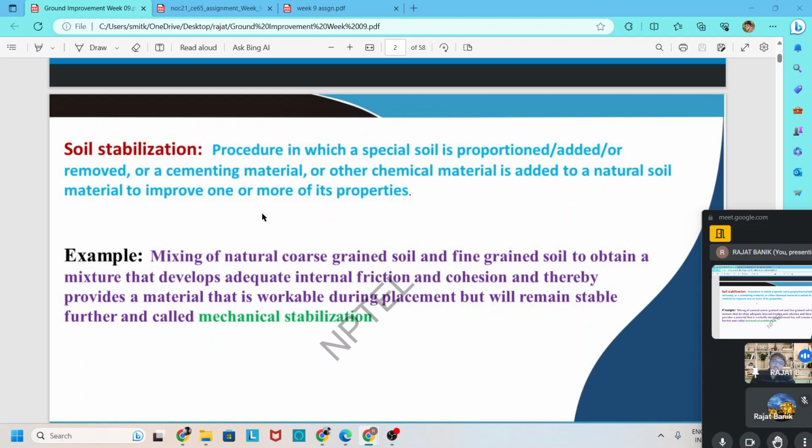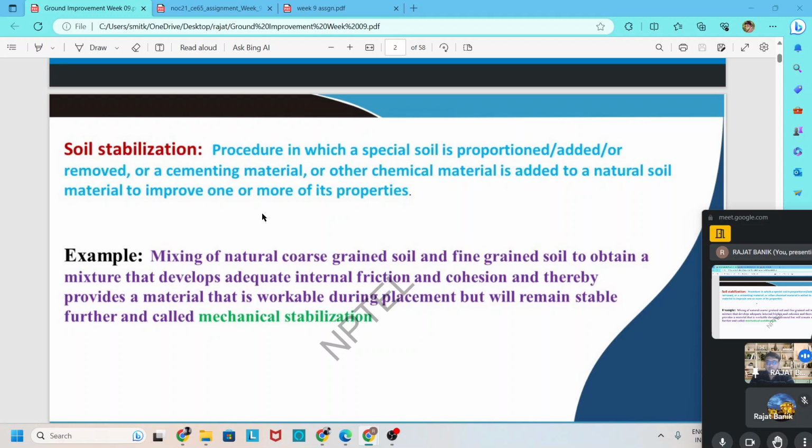It is defined as a procedure in which a special soil is proportioned, or material is added or removed, or a cementing material or other chemical material is added to a natural soil material to improve one or more of its properties. So in soil stabilization, we mix, remove, or add some good material, or mix some cementing material, and that way we improve the soil properties. This is called soil stabilization.